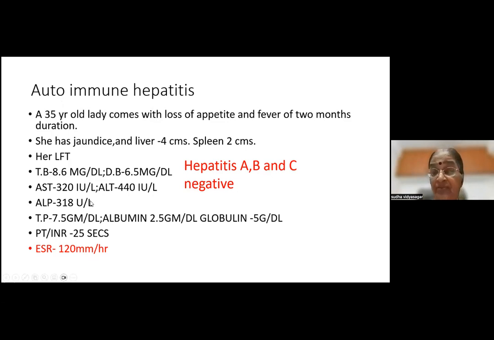ALP can be raised. I've seen a patient with autoimmune hepatitis with an ALP of 1500 and broke my head over it. Ultimately, it turned out to be nothing much, and it can be an overlap. It can be the PBC overlap that we were talking about, where the ALP can be more. But generally in life, if everything looks like hepatitis, you got a woman who's got a high globulin, and then there is an ESR which is high, then you better think of an autoimmune hepatitis.